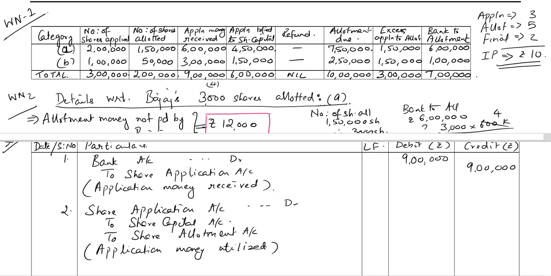The amount against share application account is the amount of the first journal entry, 9 lakh rupees. The amount which is transferred to share capital is the amount of the fifth column, 6 lakh rupees. And the excess application which is transferred to allotment is the total of the eighth column, 3 lakh rupees.